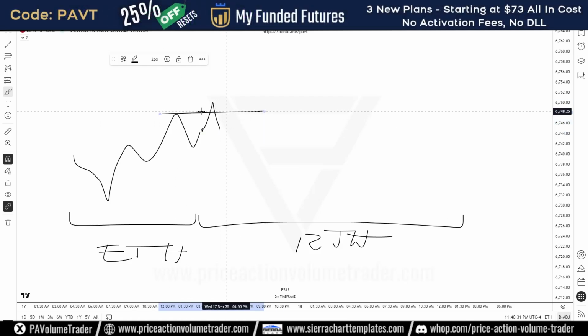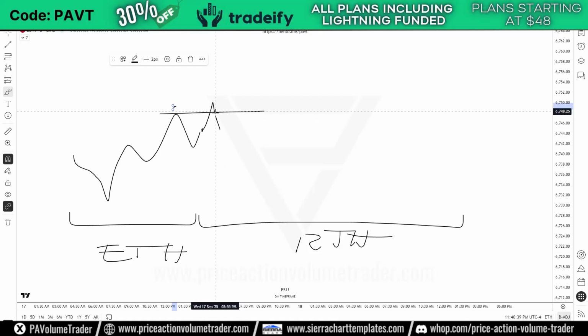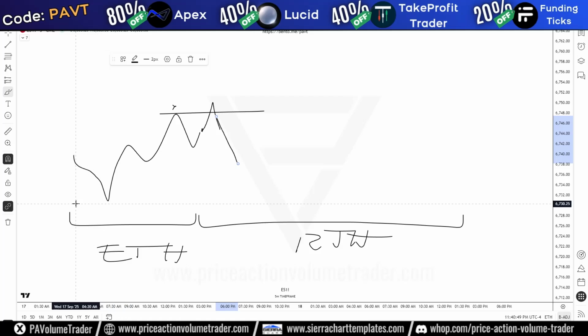So we just break above the high of the extended hour range, and then the market comes down, and then usually we can get a very nice continuation or impulsive move in the opposite direction. Now, I'm not saying that it's going to go necessarily all the way to the lower edge of this, but it will give some kind of opportunity for a pullback.